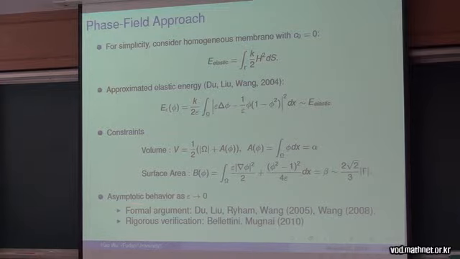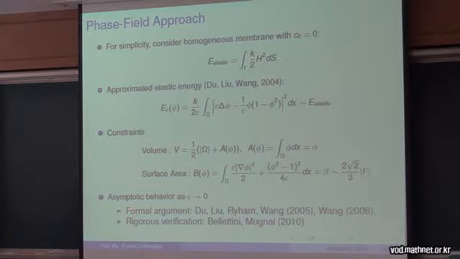So what happens when we let the thickness of the layer go to 0? Formally, we can show that as epsilon goes to 0, this approximated energy will converge to the original elastic energy, and the approximated surface functional will converge to the original surface area multiplied by some constant.